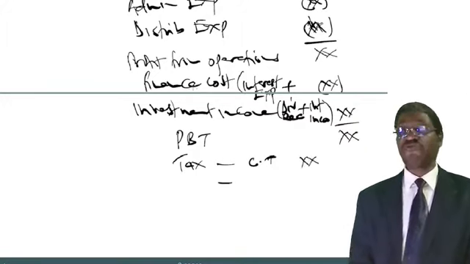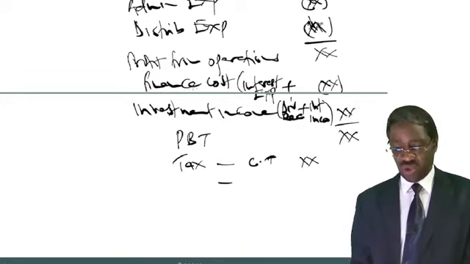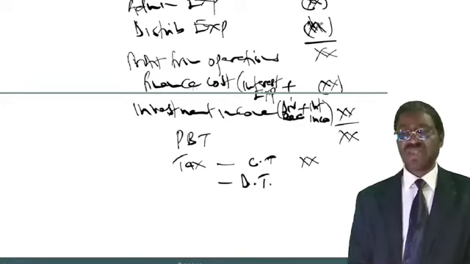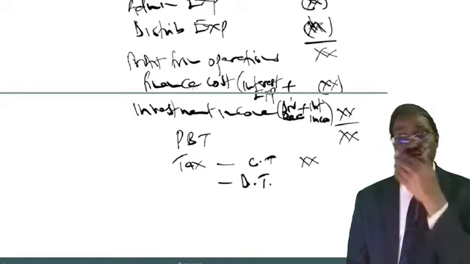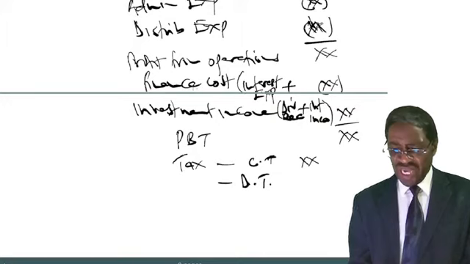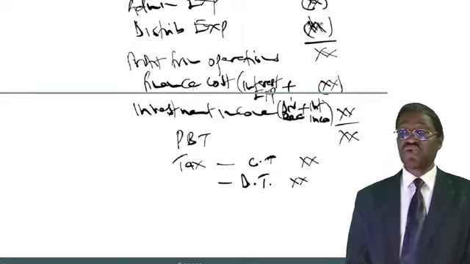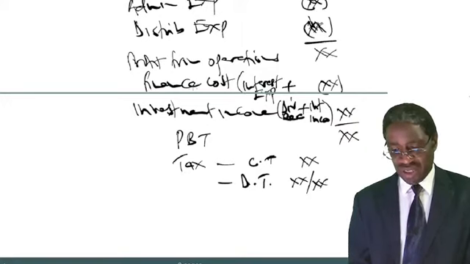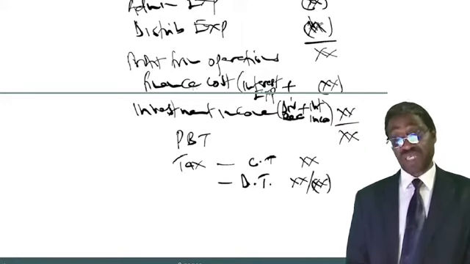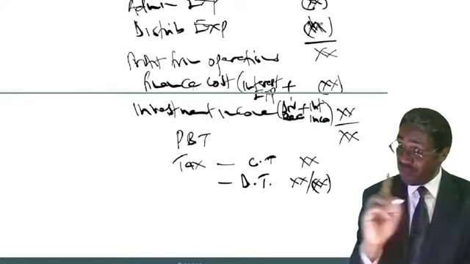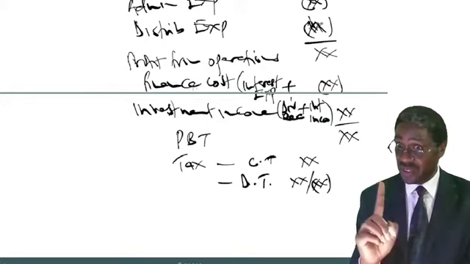The other form of tax is what we call deferred tax. When it comes to deferred tax, you either add that amount to the current tax, or there are times you deduct the deferred tax from the current tax. Whichever the case might be, we shall discuss in detail.